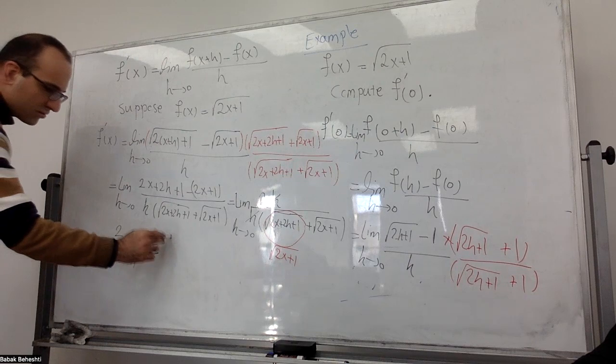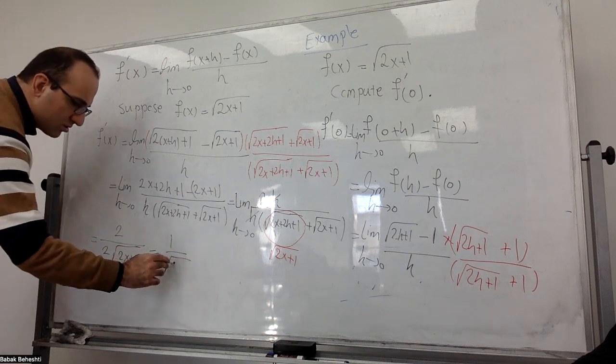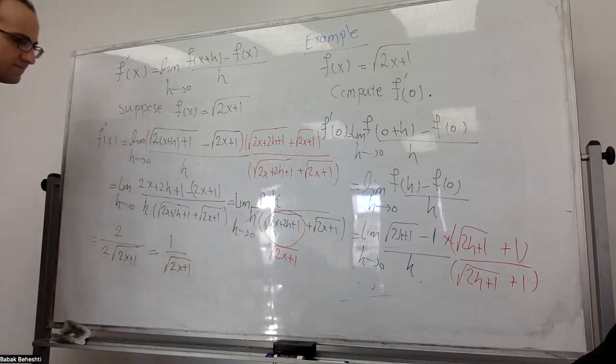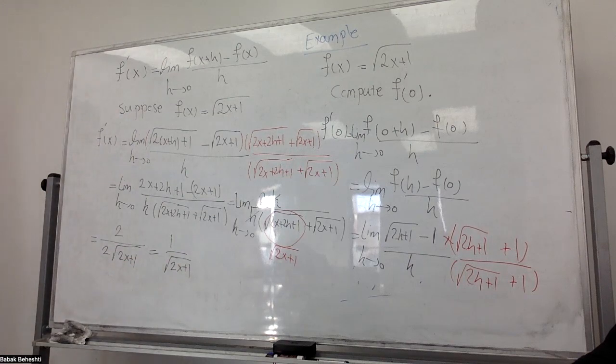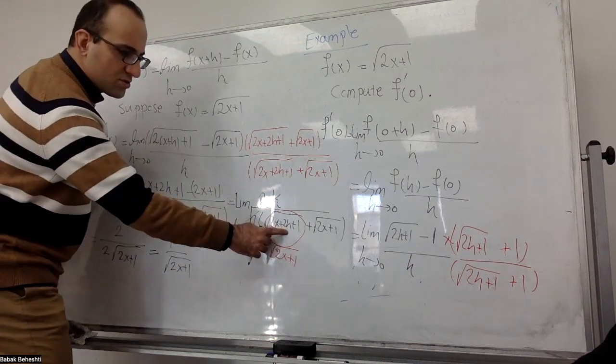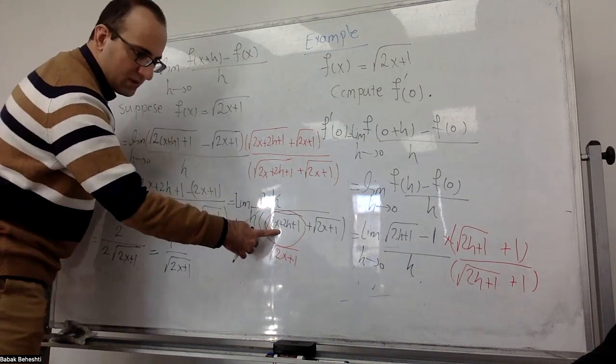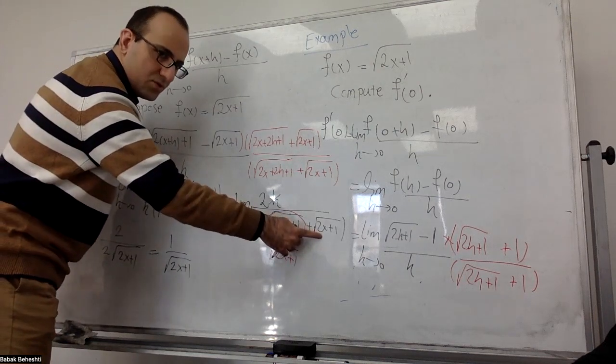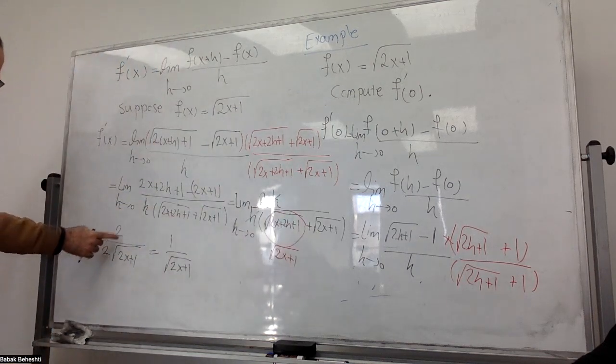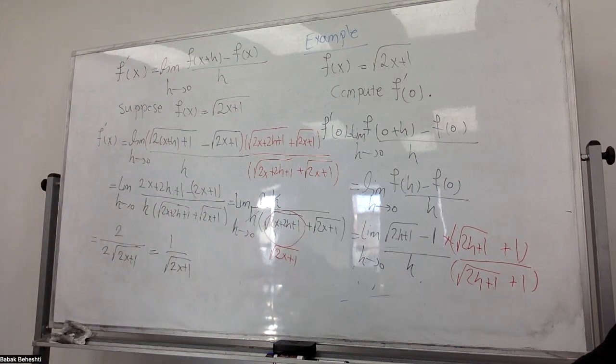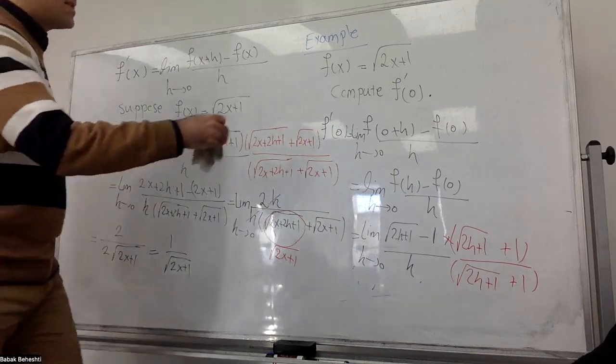So this is equal to 1 over root 2x plus 1. Because when h goes to 0, this is just root 2x plus 1, and this is also the square root of 2x plus 1, so you have 2 times the square root of 2x plus 1.